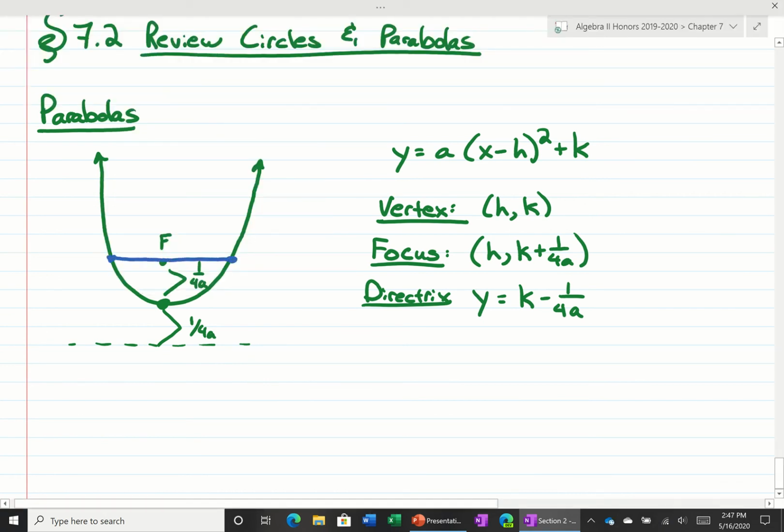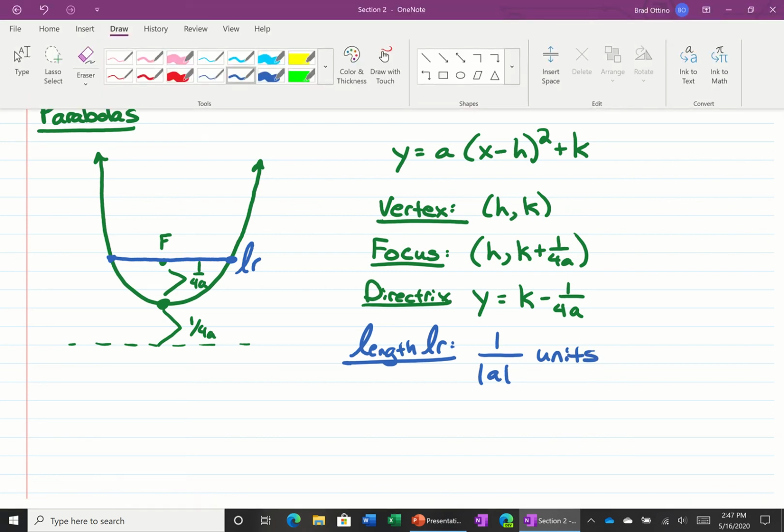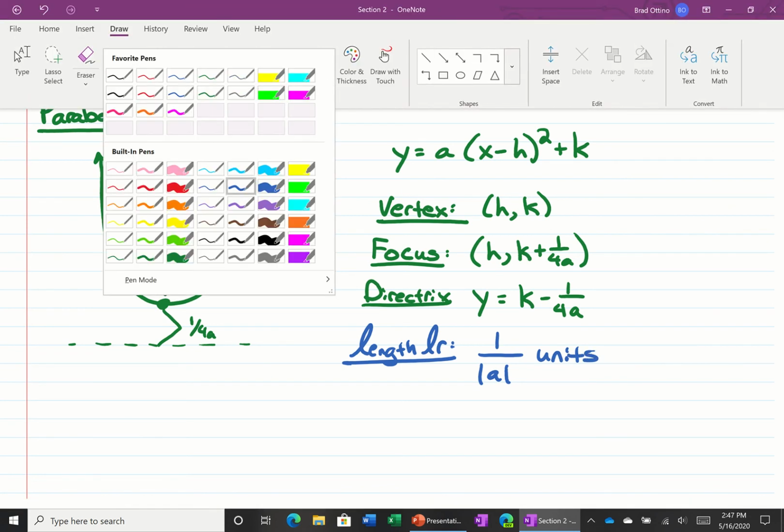It's like a belt. And the length of the LR is 1 over the absolute value of a units. We'll do a couple examples with parabolas, and then we'll talk about circles.